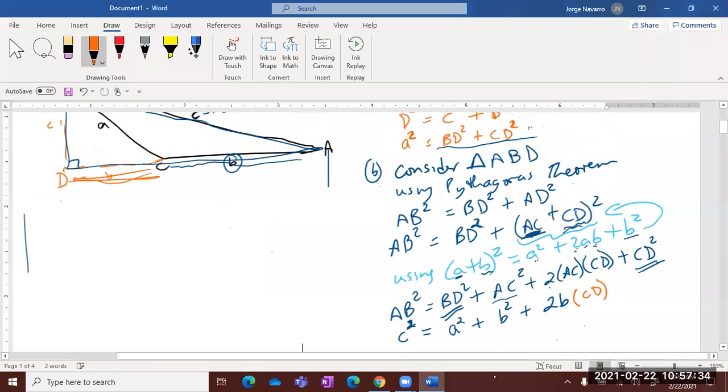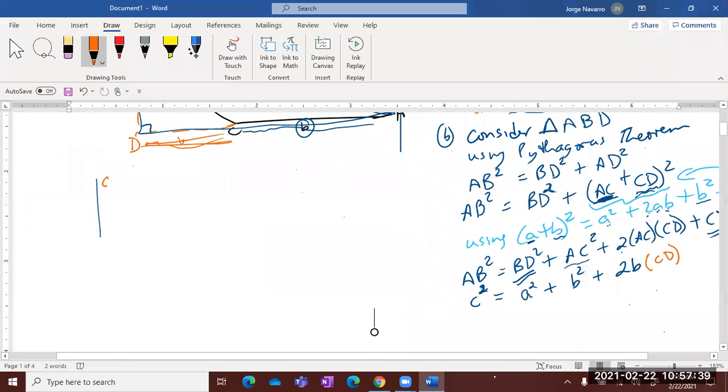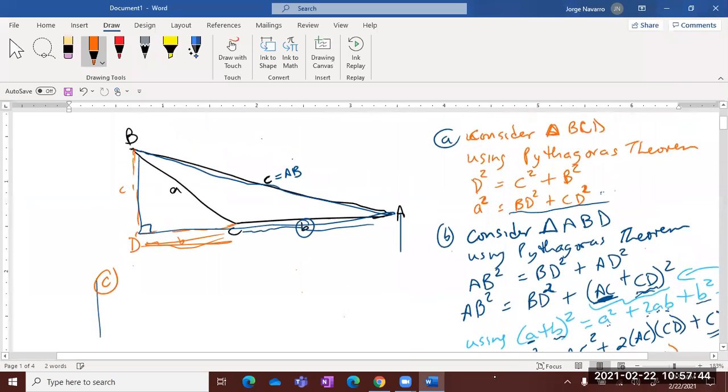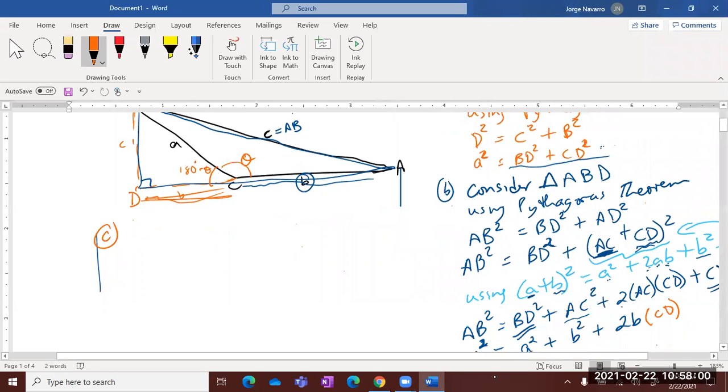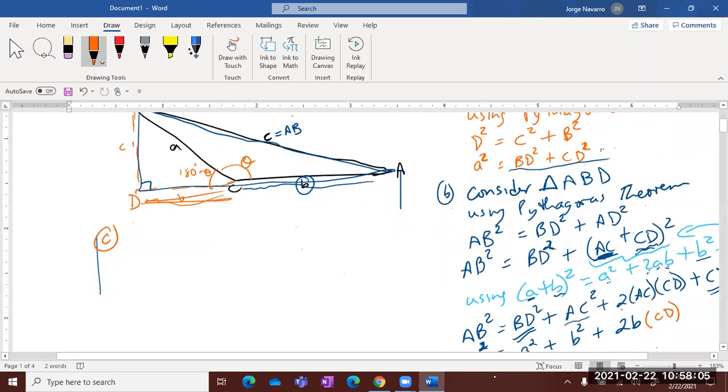But this is where C comes in. So C, if I look at this triangle, I'm going to call this 180 minus theta. I'm going to call this one theta, okay? Are you with me? Or if you want, you can do it the other way around. It does not really matter. I can call this theta.